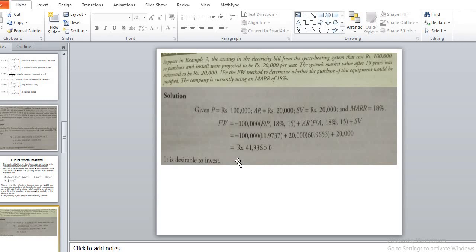So in this future worth method, we consider the future worth at the end of a particular period of time, with a particular investment and particular annual revenue.